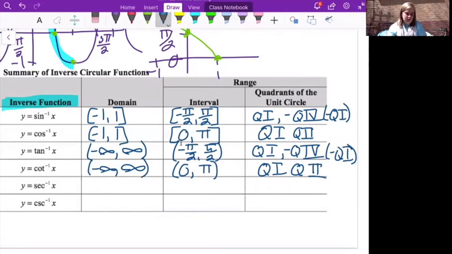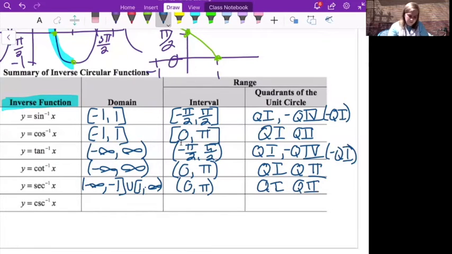And then secant inverse is 1 over cosine. And so our domain is going to be between negative infinity to negative 1, union 1 to infinity. So basically we can't take secant inverse of a number that is between -1 and 1. The interval is going to be similar to cosine, so 0 to pi, but again, not including 0 or pi. So that's quadrant 1 and quadrant 2.